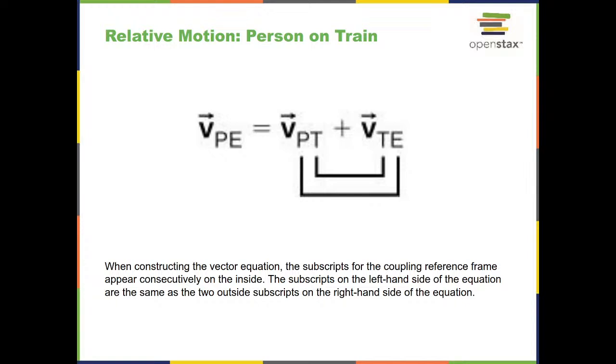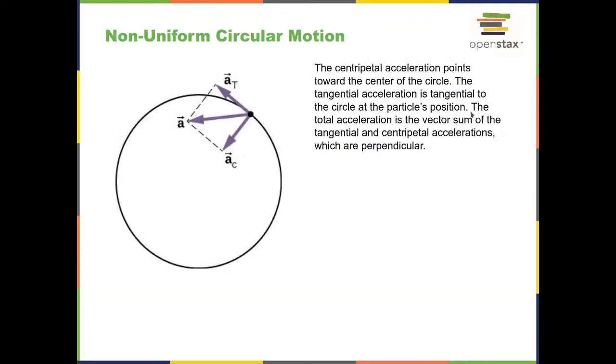In our case, we're going to only look at reference frames that are moving with a constant linear velocity. If we want to go to reference frames that are moving in a circular fashion, like the reference frame at the center of the Earth with respect to the reference frame at the center of the sun, then we're introducing acceleration. In fact, we're introducing exactly this kind of centripetal acceleration on the reference frames.